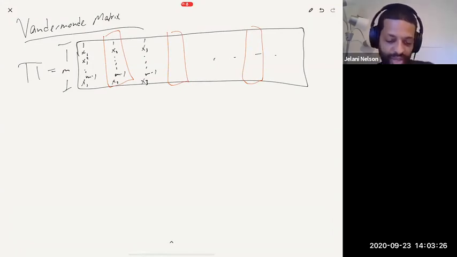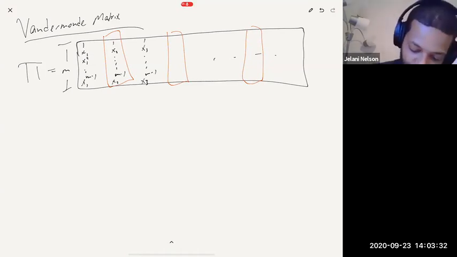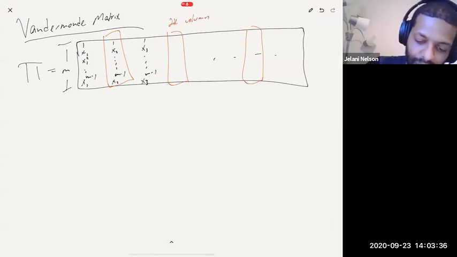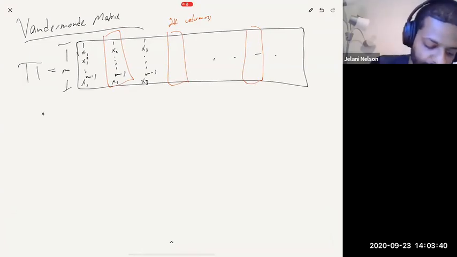It's a Vandermonde matrix. And if you take 2k columns, I'll also take 2k rows. I should say that all the xi's are distinct.